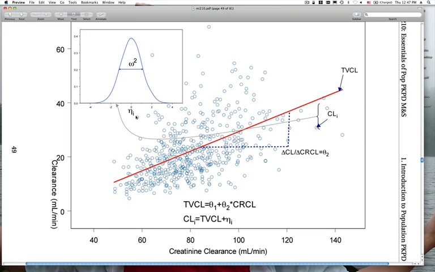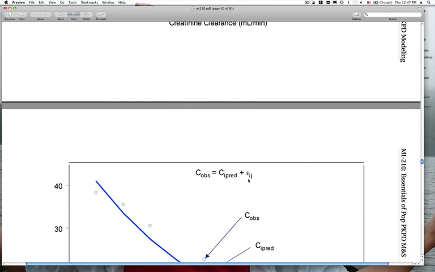Now, depending upon how we group things, we could end up with more than one per individual, but for this particular base case we want to discuss here, we are going to specify a model such that the individual random effect is just one per individual, the residual random effect is one per observation.